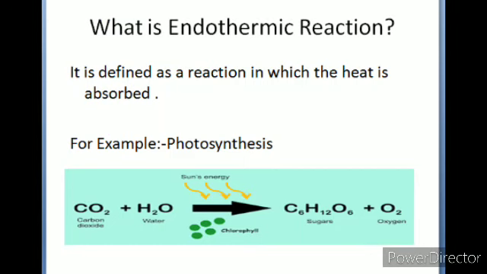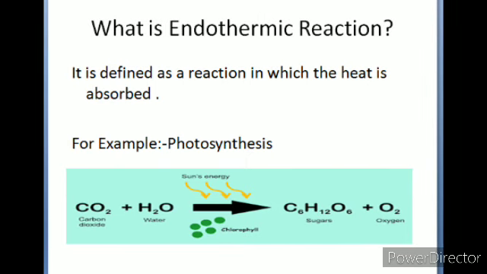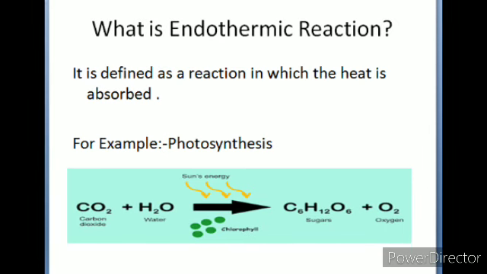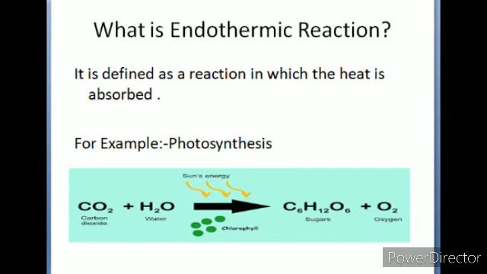Our next type of reaction is endothermic reaction. I divide the term endothermic into two halves. One is endo and the second one is thermic. The word endo means within and thermic means heat. So the reaction in which heat is absorbed within is known as endothermic reaction.